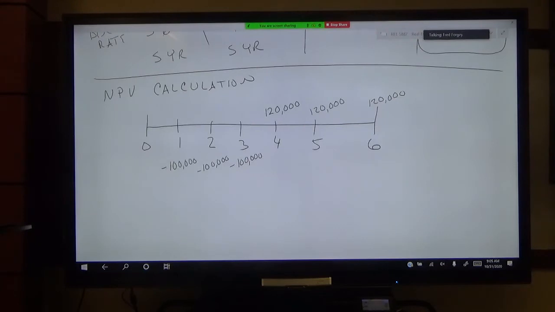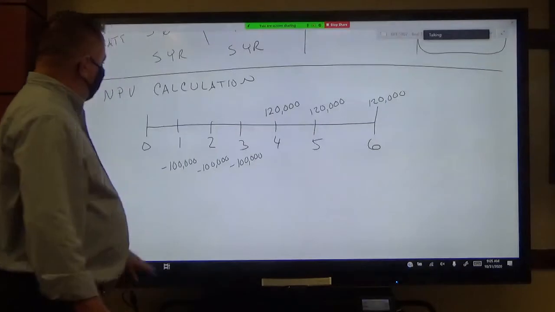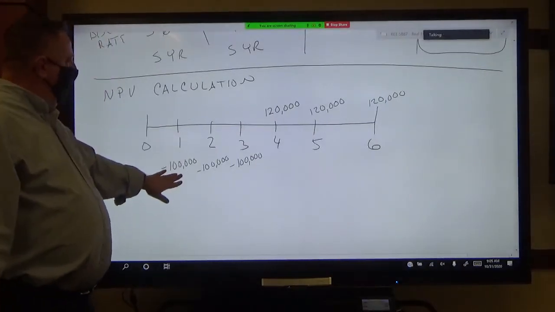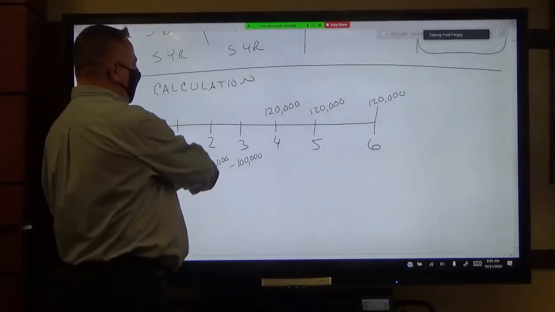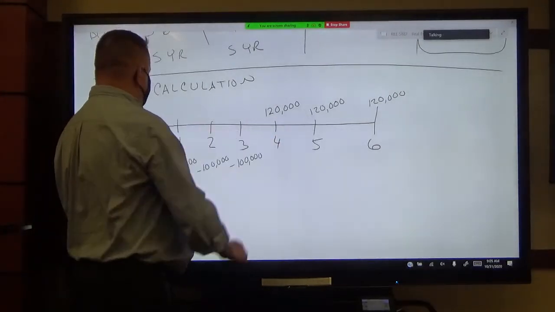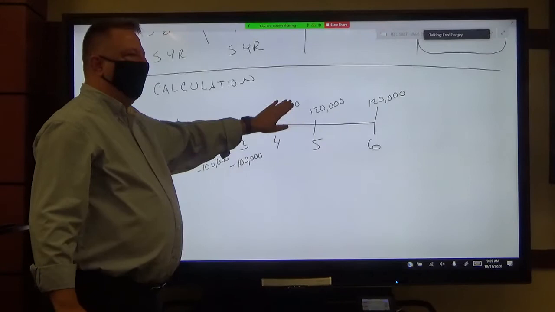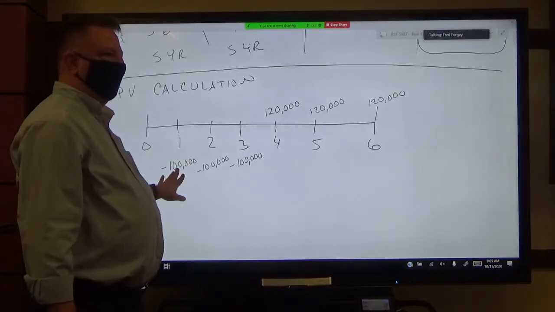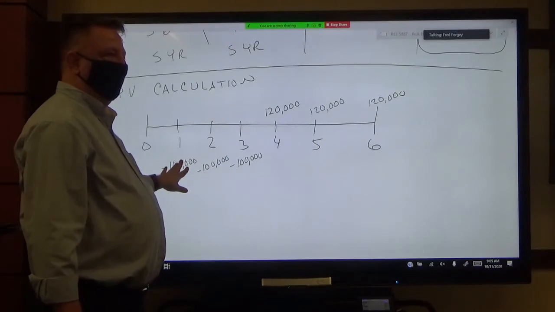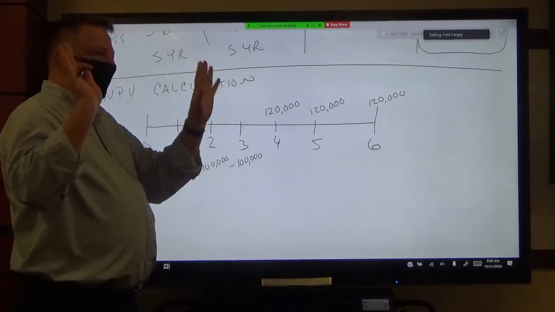So, in essence, you could say, all right, we built a home for $100,000, but we are not going to get paid until a couple of months later, in month 4, when we're going to get paid $120,000 for that $100,000 house that we built. Does that make sense? This is just one way to think about it. Okay?